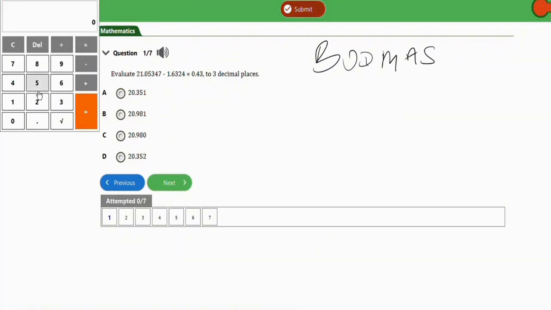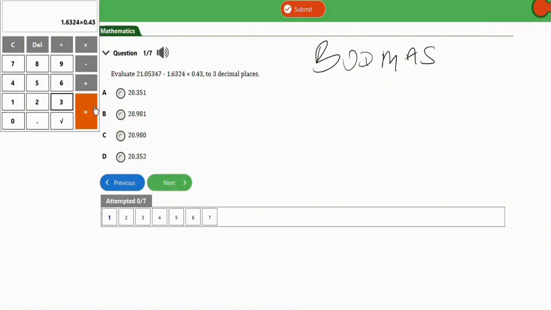So this is the calculator again to set in your JAMB. So we have 1.6324 times 0.43. So what will be the output? Okay, wait, let me 1.6324 times 0.43.